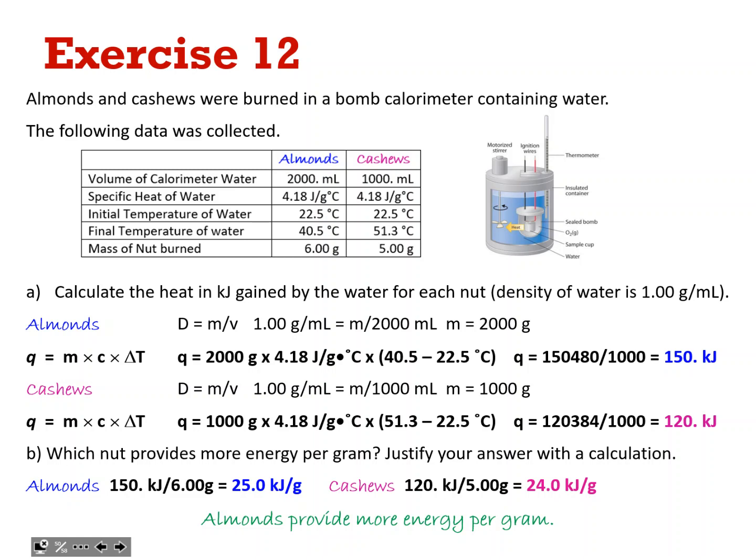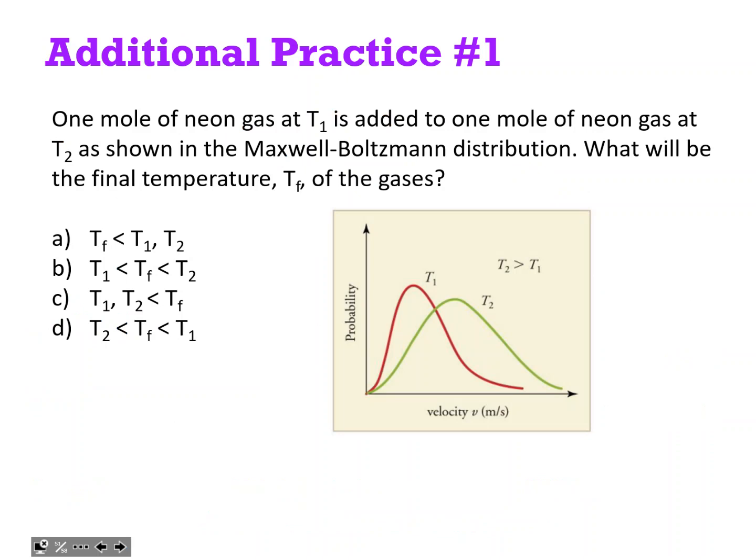The first one has the Maxwell-Boltzmann distribution graph here with the 2 different temperatures. Just remember when you're reading this graph here, this is velocity of the particles. So here is T1 neon. Okay, so this is mole of neon. Here's T2 of neon. Obviously, it tells you that temperature 2 is bigger than temperature 1, but you could also see that on the graph, because the ones that the particles are moving faster, that means they have more kinetic energy.